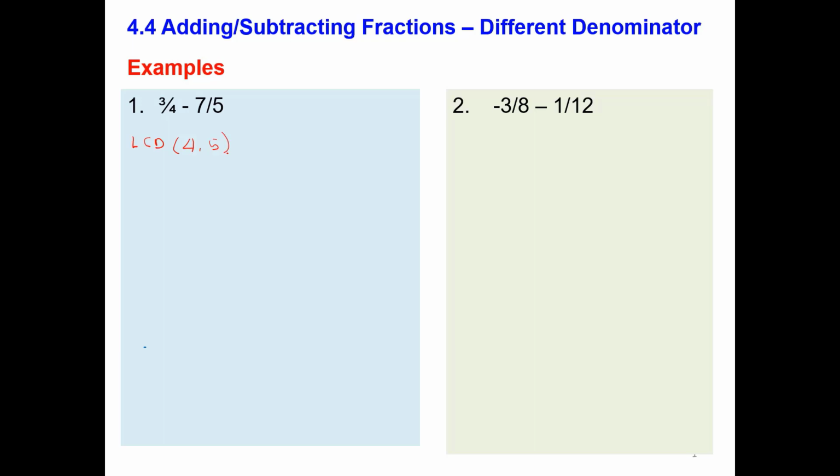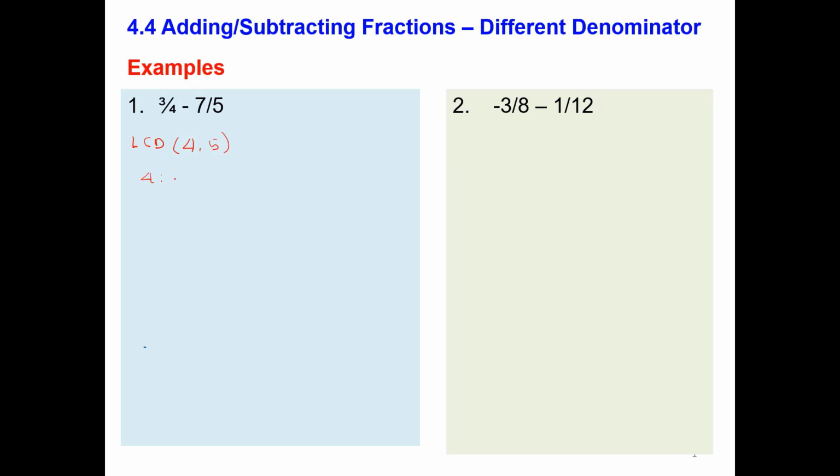And again, if you know what the LCD of 4 and 5 is, then just go ahead and write the LCD. But if you don't know, then you can find the multiples for 4.